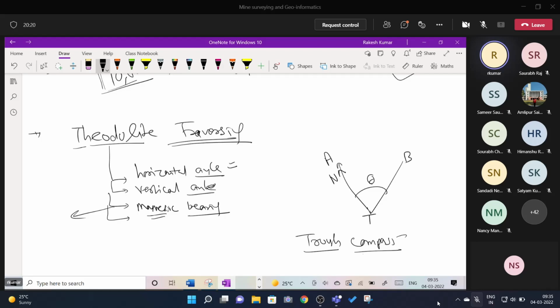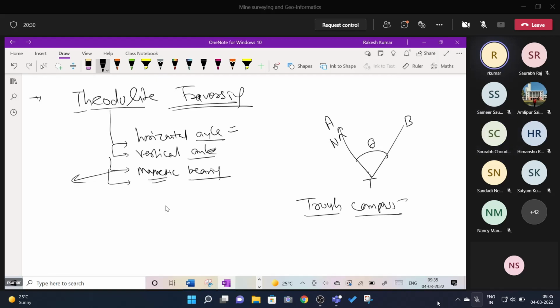So how do we do centering, with the help of which instrument? Sir, plumb bob and tripod. Plumb bob and tripod. Then what next do we do? Leveling. Okay, good.